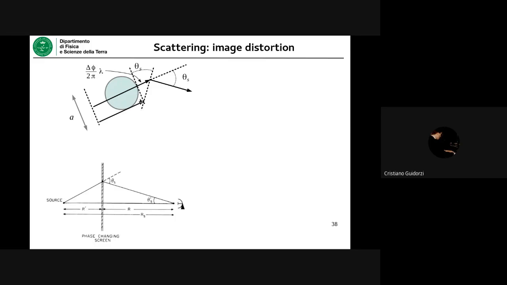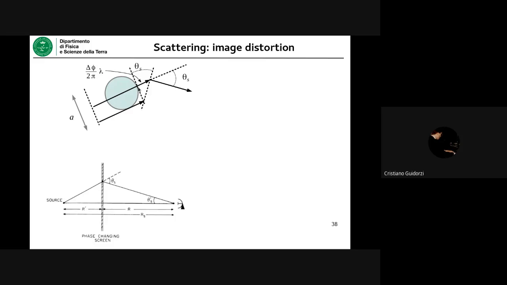Just for the sake of clarity, I had to make this drawing clear, so I have to show you big angles. But as a matter of fact, the fluctuations in density are relatively small, as in typical realistic situations. So these angles are very small.